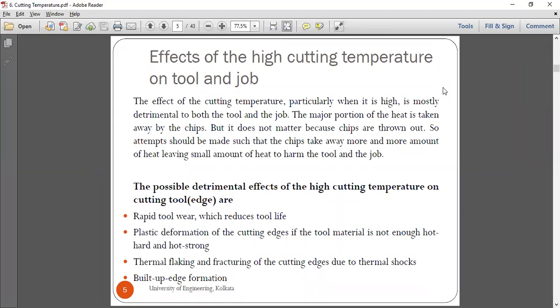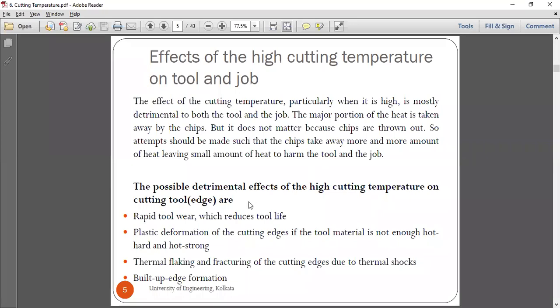The main issue is that the detrimental effects are less on the workpiece than on the tool, so the tool is more affected. Attempts should be made that the chips take away more and more heat, leaving a small amount of heat to harm the tool and the job.